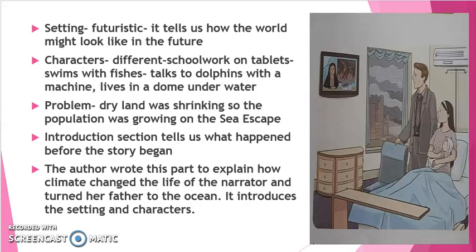Setting: we have the sea dome or the sea escape at the bottom of the ocean, and you can also say this story has a futuristic setting. And the problem: we have Tara's problem, that she gets very annoyed with Nilesh because he really irritates her. And we have a larger problem, that is climate change.